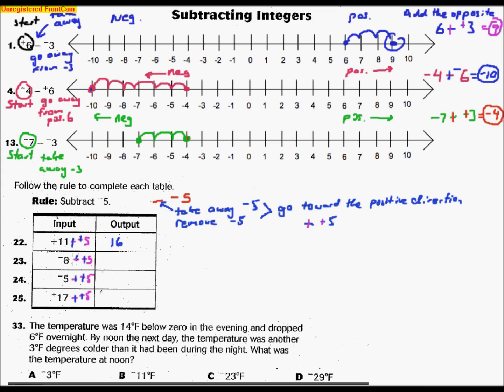Add 5 to -8. Here they're opposite signs. If you picture this on a number line, you're at -8. That's where we're starting. I'm adding 5, going in the positive direction. I go 1, 2, 3, 4, 5.